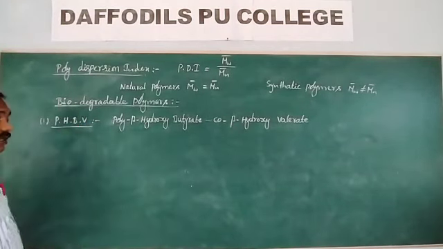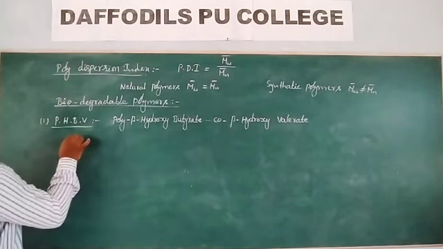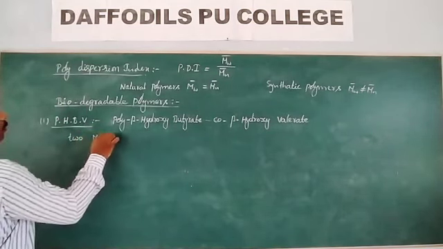This PHBV contains two kinds of monomers.